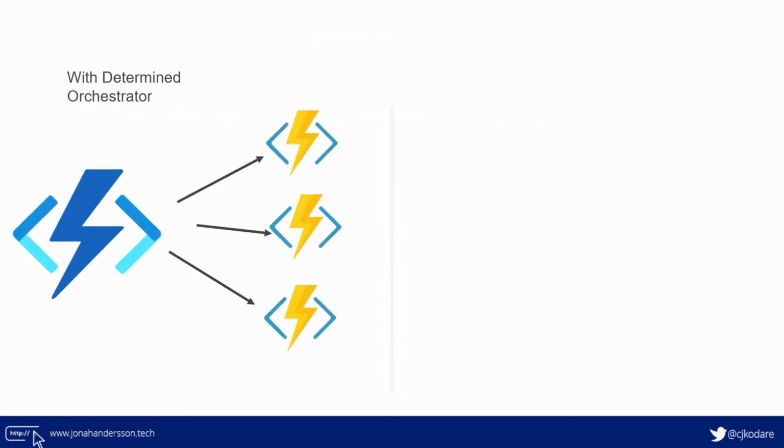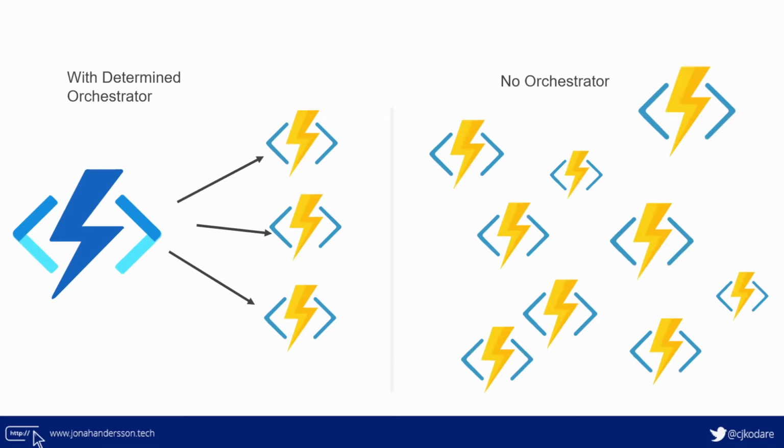So this is an example, as a visual illustration. To the left, we see that there is a determined orchestrator that controls the workflow of all tasks or activities. And here is another example where you don't have the orchestrator, which means that it can be separated or isolated tasks, and it doesn't have any control.